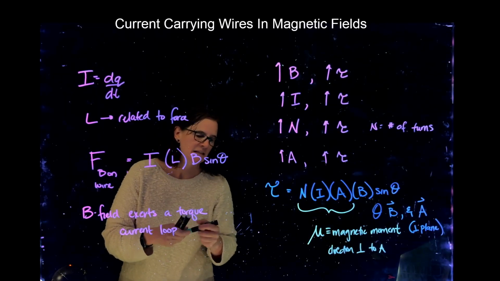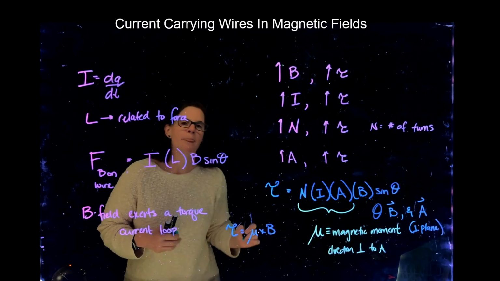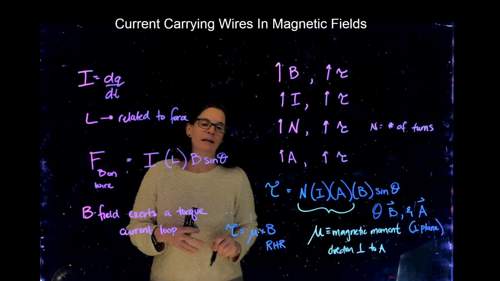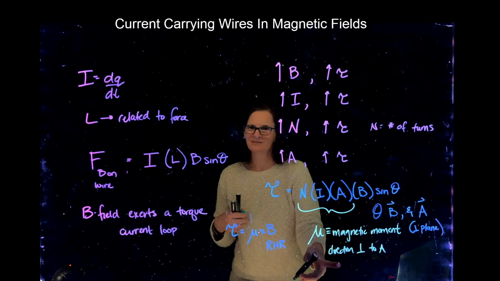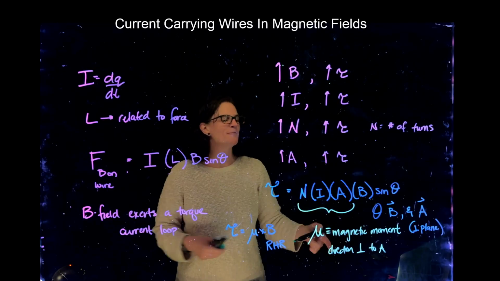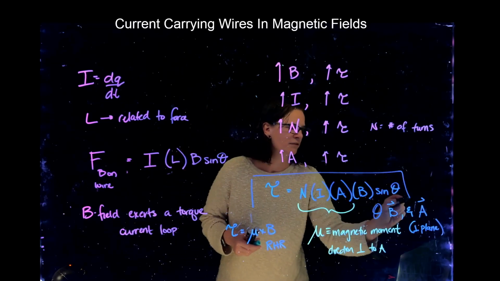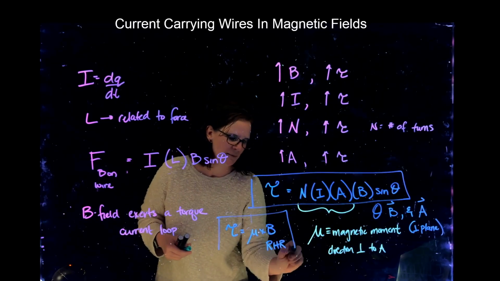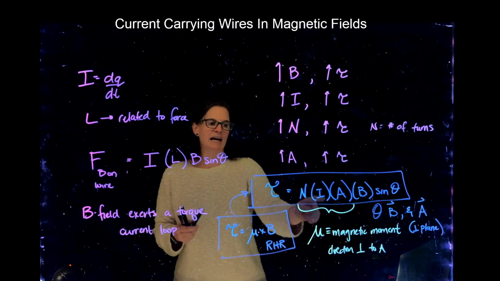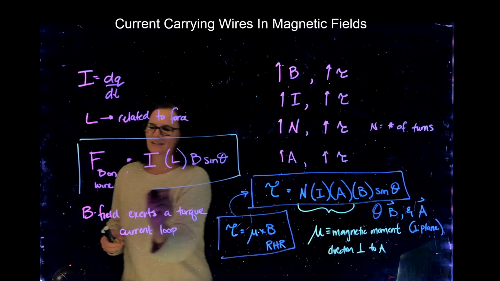And we get that the torque is equal to mu cross B. And again, whenever we have that cross product, we deal with the right-hand rule, and that angle is, of course, the angle between the direction of mu, which is perpendicular to the area, and the magnetic field. Right? So this relationship is important for us now. Mu is NIA. And then this relationship is what we're going to work with for a second.